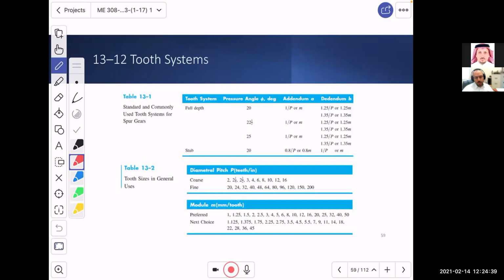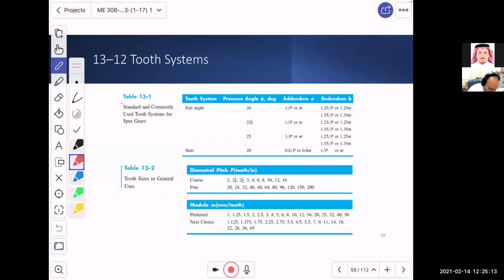Now, with respect to the systems, we are going to pick specific designs for the gears that are suited for certain applications. What we have here are standard dimensions and specifications for gearing.